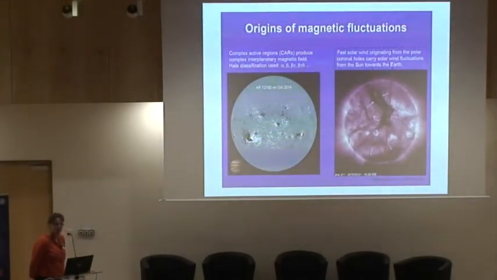And it has been found quite recently that the source of those fluctuations is actually coronal holes. It is both active regions, so sunspots, and coronal holes. Every now and then solar coronal holes are very small and close to the polar regions.